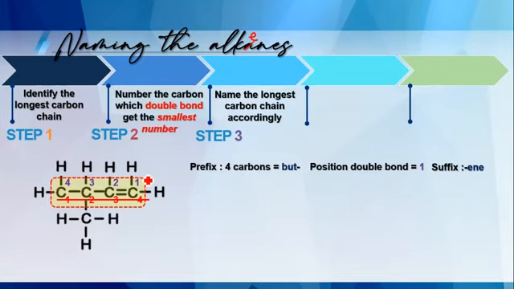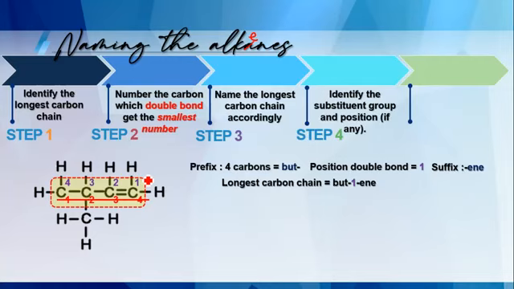So the name of the longest chain becomes but-1-yne, but dash 1 dash yne. There's no space in between this. Okay, but-1-yne. That is the name for the longest carbon chain.